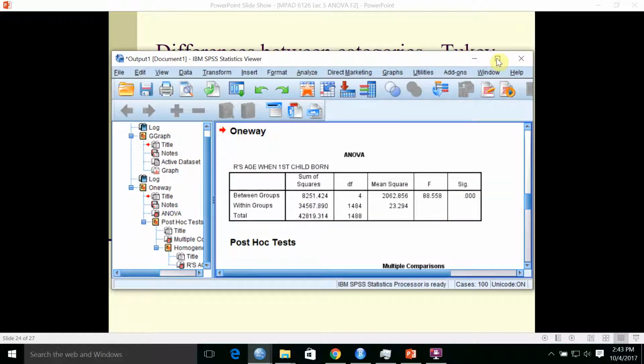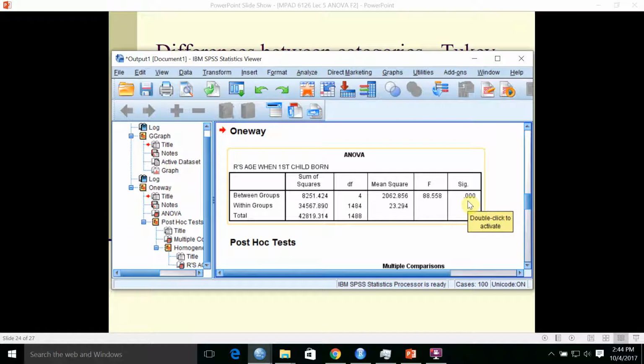Okay, so first off, let's look at the ANOVA. The ANOVA is very large. You can see here that the F test is 88.558, numerator degrees of freedom of 4, within group or denominator degrees of freedom of 1,484, and so that means that there's a significance of 0.000.